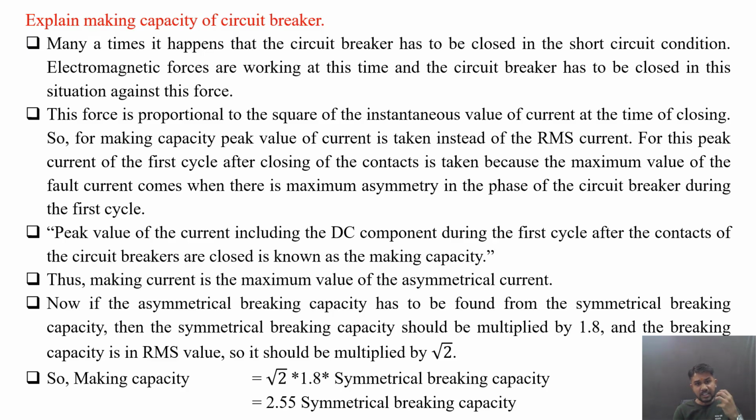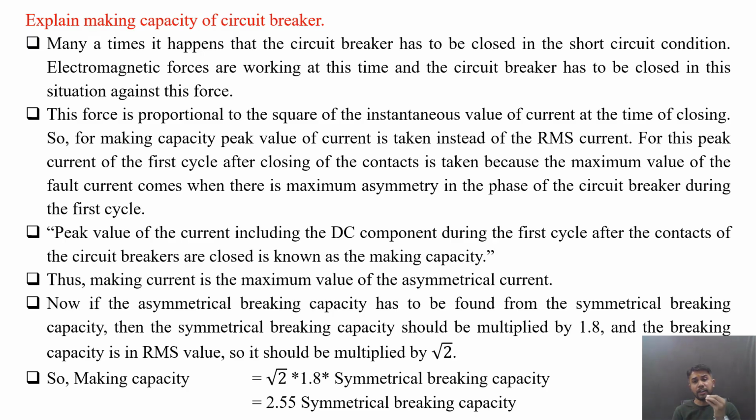Now, if the asymmetrical breaking capacity has to be found from the symmetrical breaking capacity, then the symmetrical breaking capacity should be multiplied by a factor of 1.8, and since the breaking capacity is in RMS value, it should be multiplied by root 2. So the making capacity can be calculated as root 2 multiplied by 1.8 into symmetrical breaking capacity.